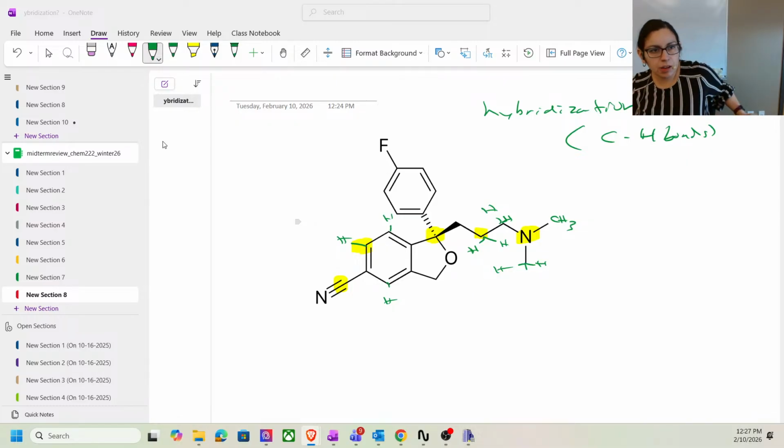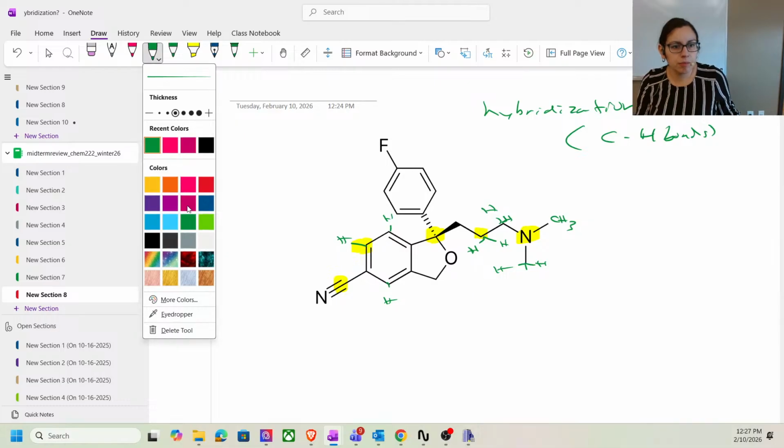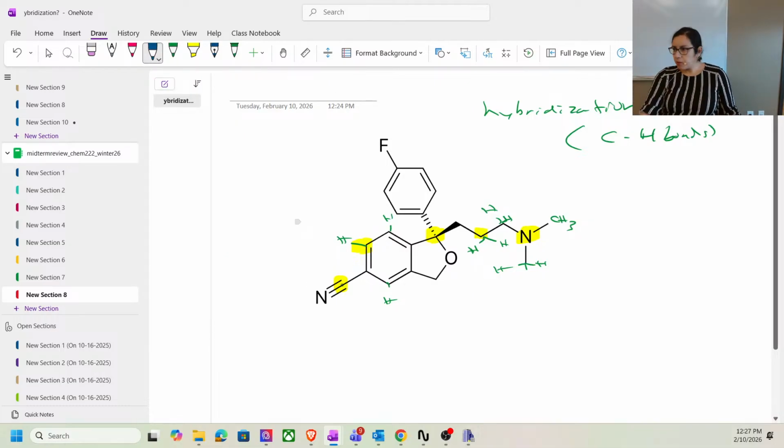All right, let's see how we're doing on this one. So let's start with this carbon here. So what's our hybridization, right? So it's this little carbon, hard to maybe even tell, right, that there's a carbon there. How many things is it bonded to? What's its hybridization?